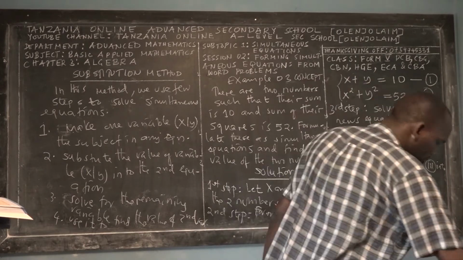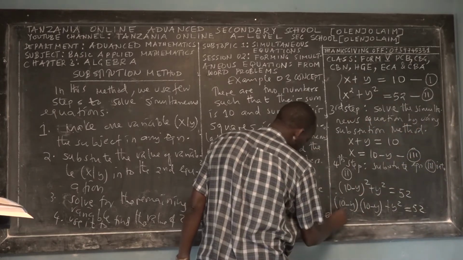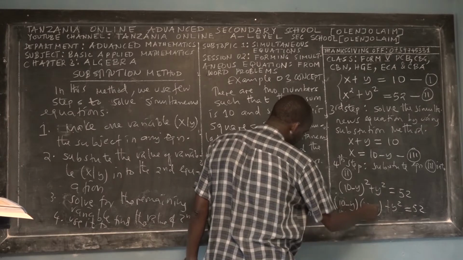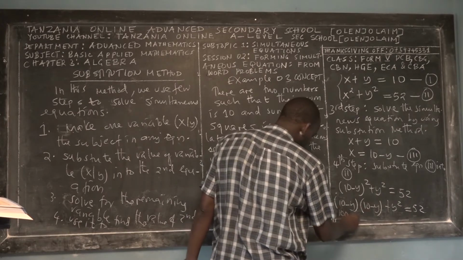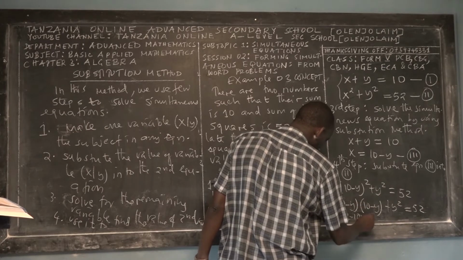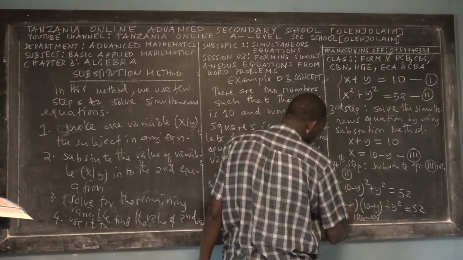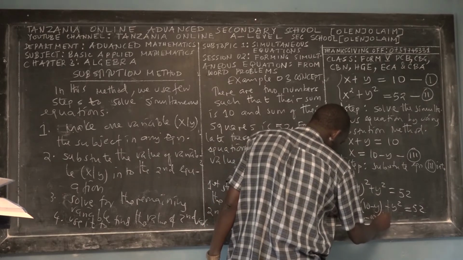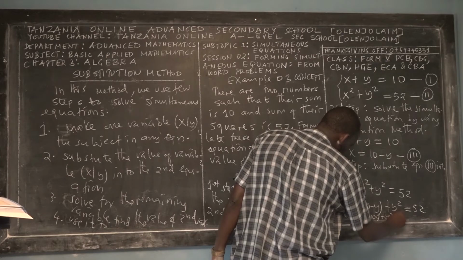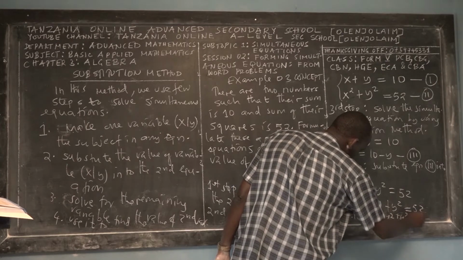So then you multiply the terms. 10 times 10 is equal to 100. 10 times negative y is equal to negative 10y. Negative y times 10 is equal to negative 10y. Negative y times negative y is equal to y squared. Plus y squared, equal to 52.